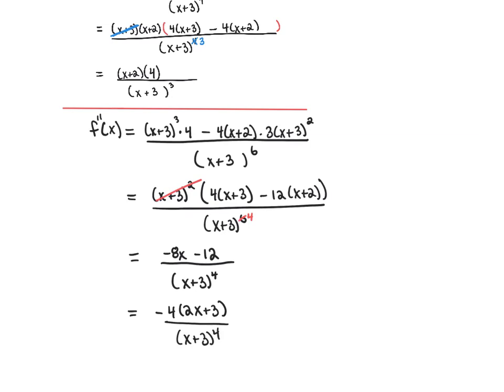So again, we can see that my second derivative is undefined at -3. That's where the original function had a vertical asymptote. And it's 0 if x is -3/2. So x equals -3/2, and then x equals -3 are my important numbers here.